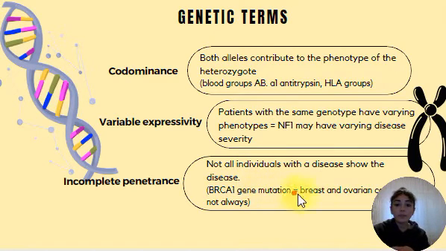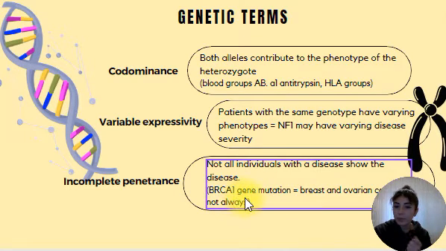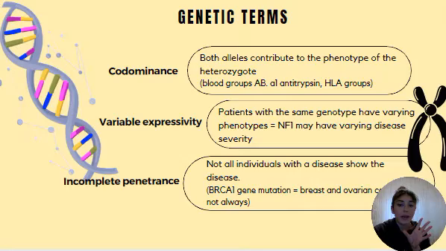So breast and ovarian cancer can develop not in all children who have this gene mutation, right? Also Angelina Jolie had BRCA1 gene mutation, so therefore she removed her breasts and ovaries, just so you know and remember about BRCA1.